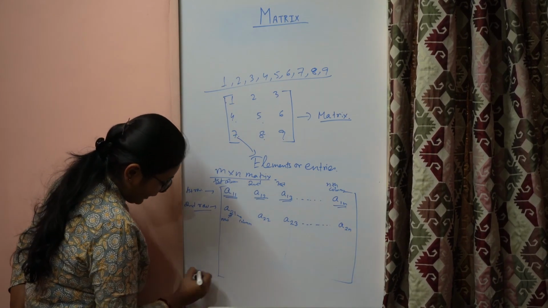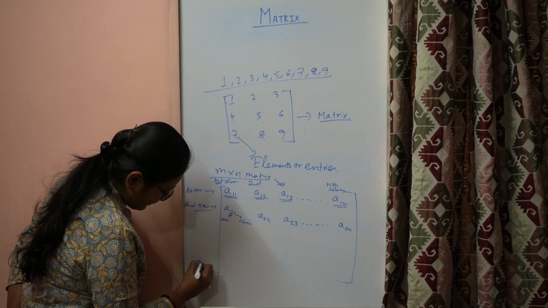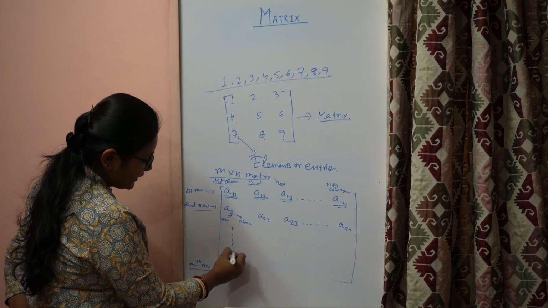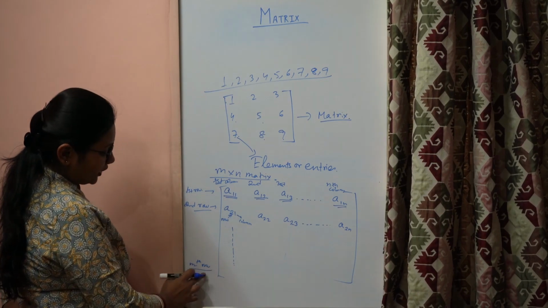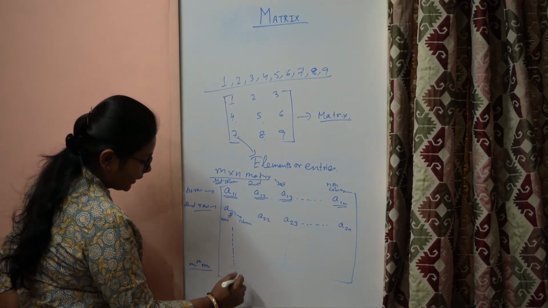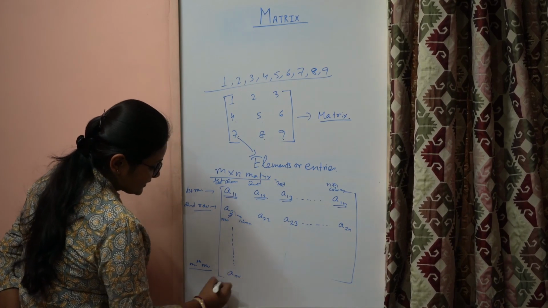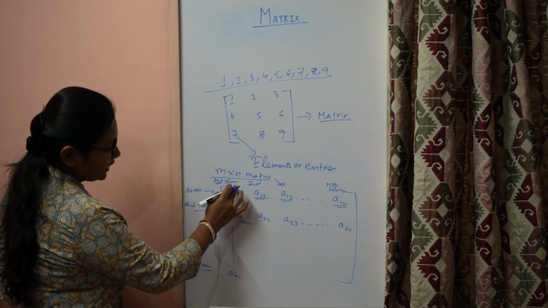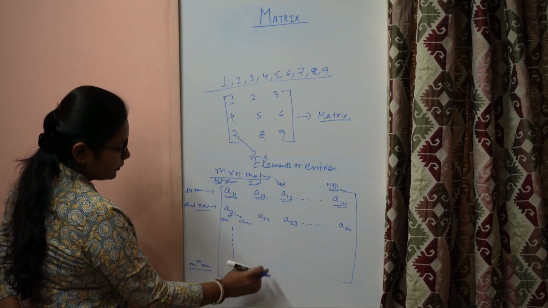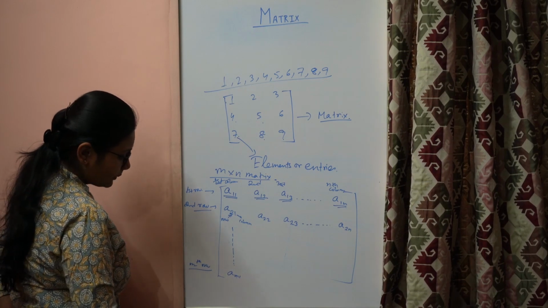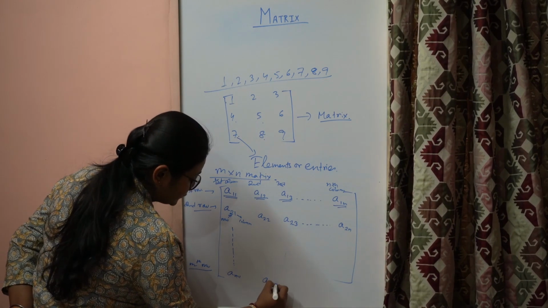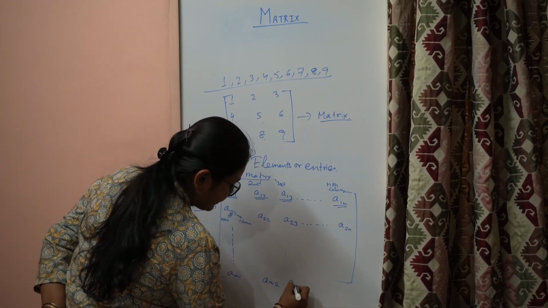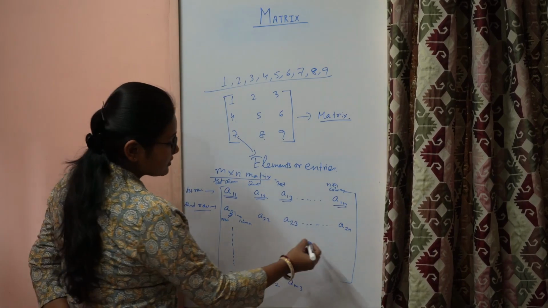Now if the last row is the mth row, what will be the first element of the mth row? It will be Am1. This m is for the mth row, and this 1 is for the first column. The element of the second column will be Am2. The third element of the mth row will be Am3.